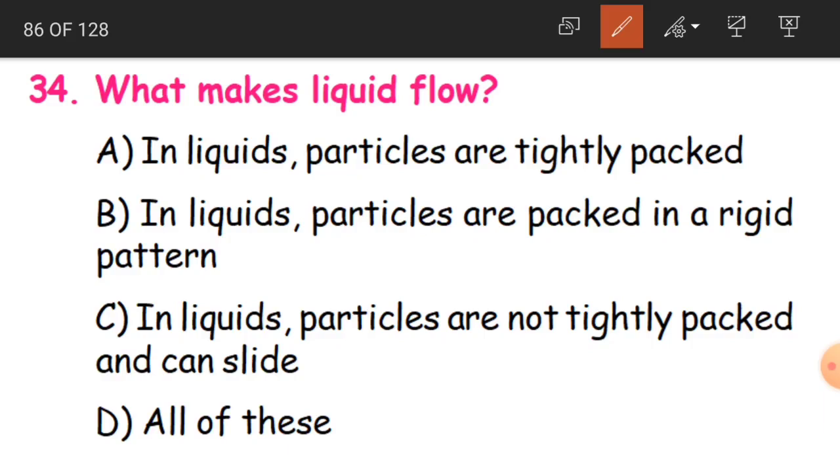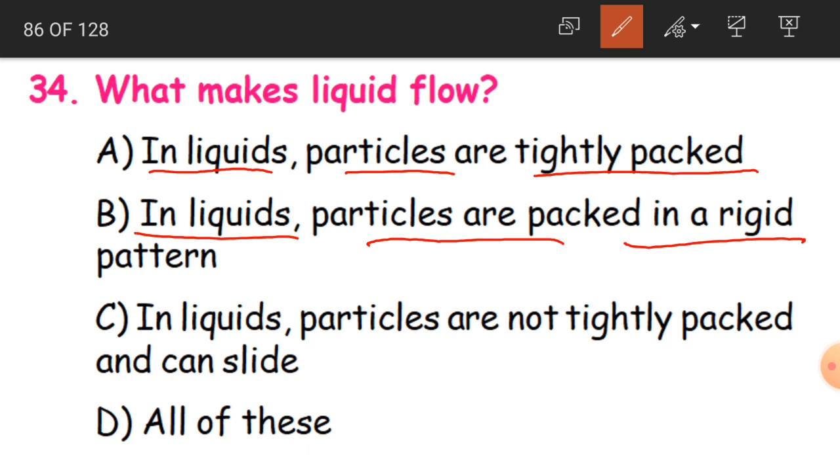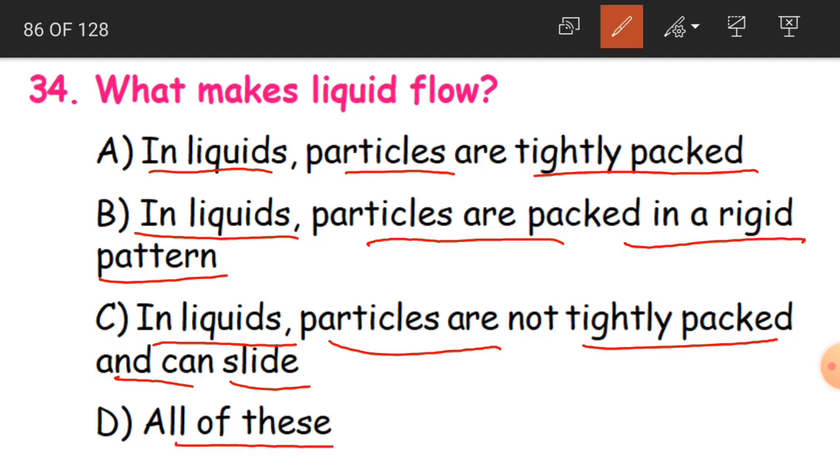What makes this liquid flow? In liquids, particles are tightly packed; in liquids, particles are packed in a rigid pattern; in liquids, particles are not tightly packed and can slide; or D, all of these. And the answer is C, children.